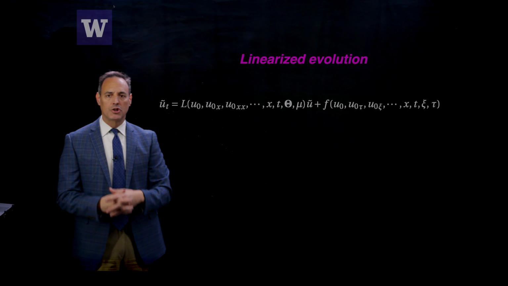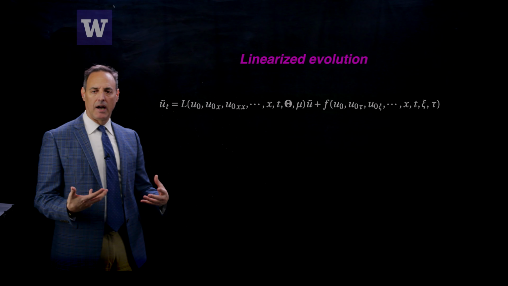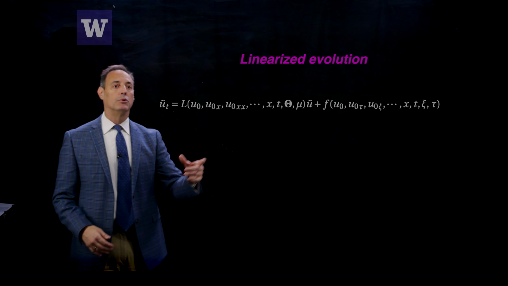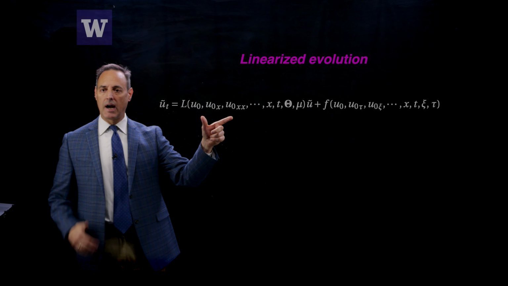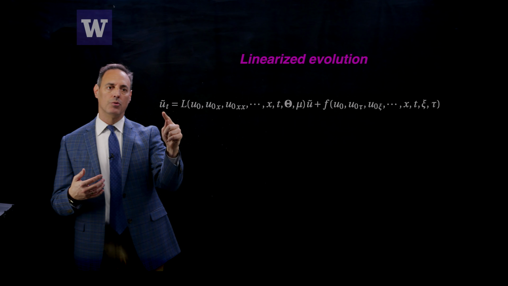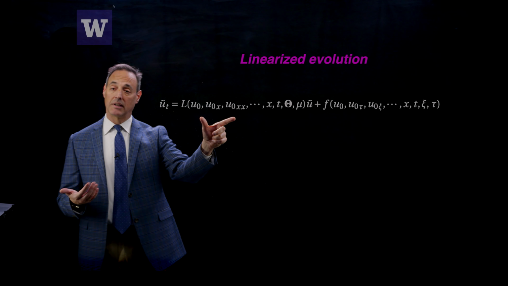All right, so if we plug that in, what we find, so we have the leading order solution, and in the next order, the linearized evolution is given by here. We're not going to go any higher than the next correction, which is the order epsilon. So what you end up with here is u tilde t is equal to a linear operator.